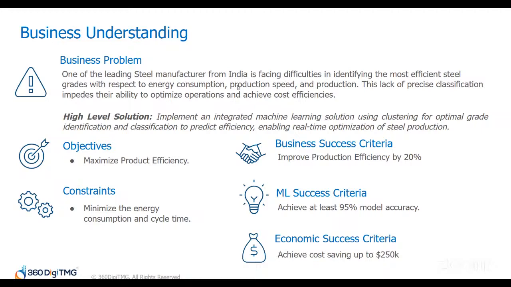The constraint is to minimize the energy consumption and cycle time. And business success criteria is to improve the production efficiency by 20%. And machine learning success criteria is to achieve at least 90% of model accuracy. And economic success criteria is to achieve a cost saving up to $250,000.